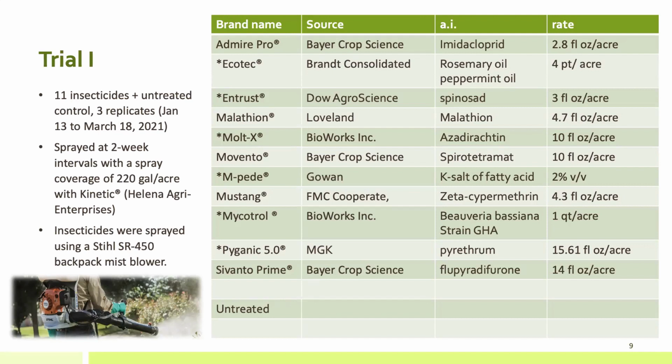So Admire Pro was one of them, Ecotech, Entrust, Malathion, Moltex, Movento, Impede, Microtrol, Pyganic, Sivanto, and anything with the asterisk is an organically approved product. And in this case, we had one RUP or restricted use pesticide product, which is the Mustang. So these are the products we decided to spray each individual tree with, just the product, to see how effective they were as a standalone product.